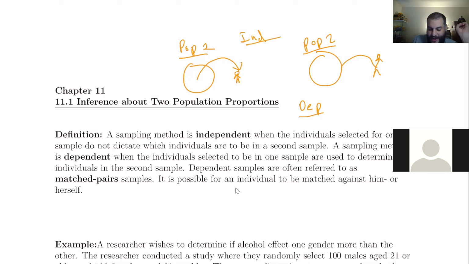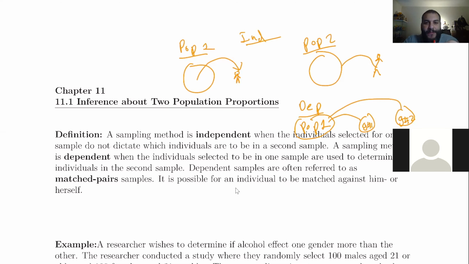But when they're dependent, essentially we have one population, and we're sampling from that population for group number 1, and we're also resampling for group number 2.